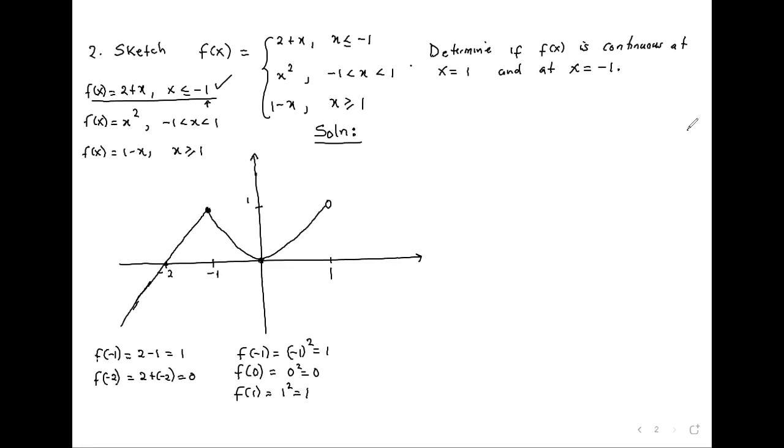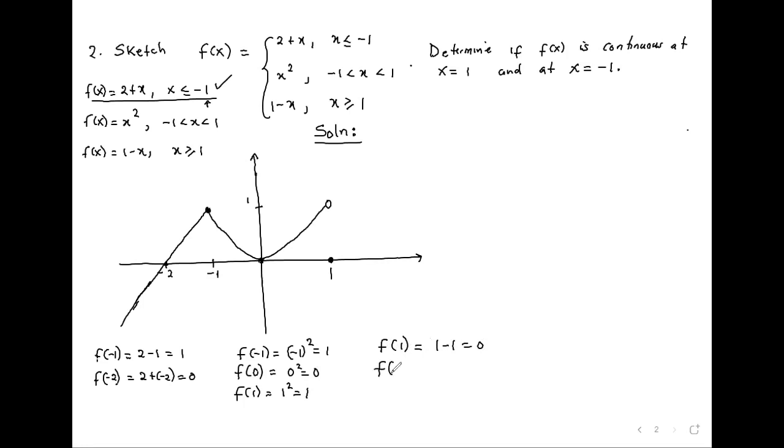Then from there, we go to f of x is 1 minus x when x is greater or equal to 1. F of 1, where 1 is now included, is 1 minus 1, which is 0. So that's 0, we include it.